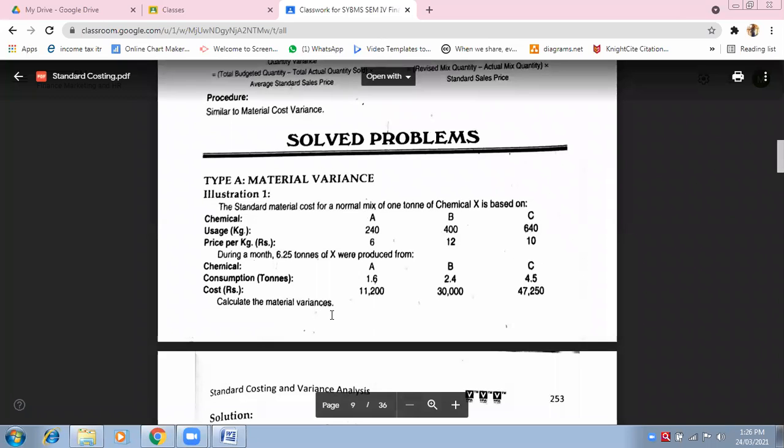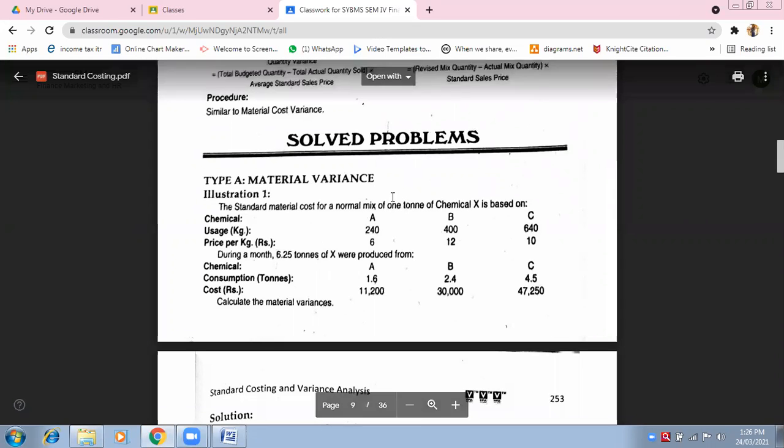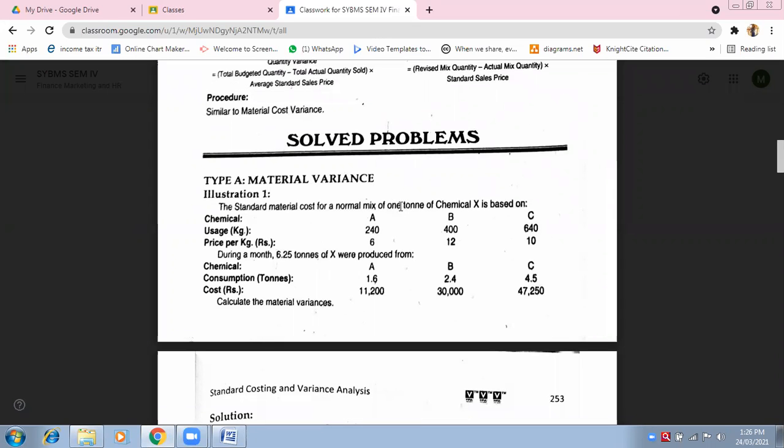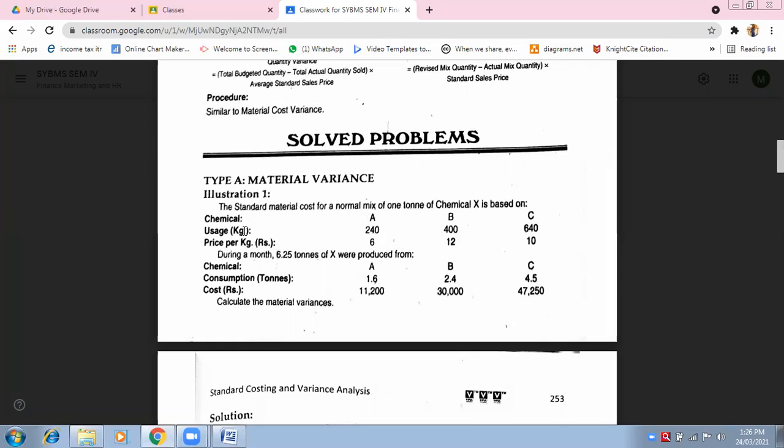Calculate the material variances. Now, please listen. There is one more thing that we need to note. Standard quantity is given for 1 ton. The company wants to say that if 1 ton of chemical X is produced, we will require 240 kgs.